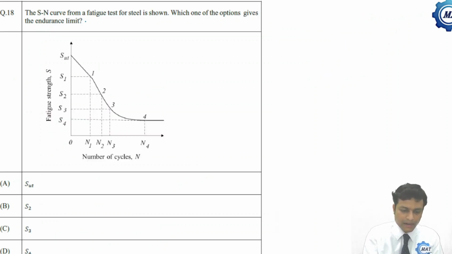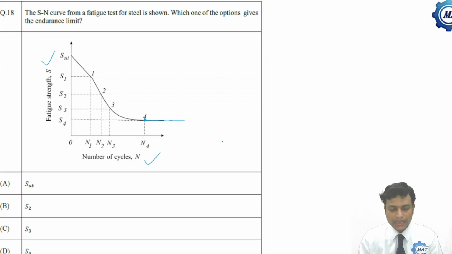The SN diagram or SN curve from a fatigue test of steel is shown. This is S, this is N. Which one of the options gives the endurance limit? Endurance limit means the corresponding stress value from which the line becomes flat. That is, if I increase the number of cycles, the stress will not change.